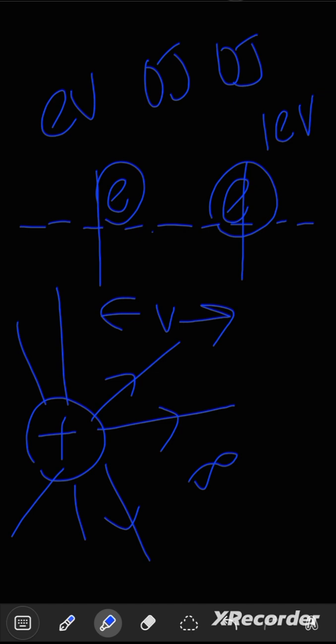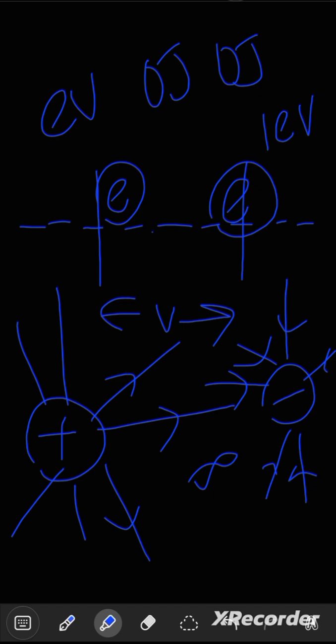This is how a positive charge would be. Now, if I take a negative charge, you will have the field lines coming towards it. And if I keep any charge within the electric field of a positive charge, or within the electric field of a negative charge, you would have a potential acting on it.